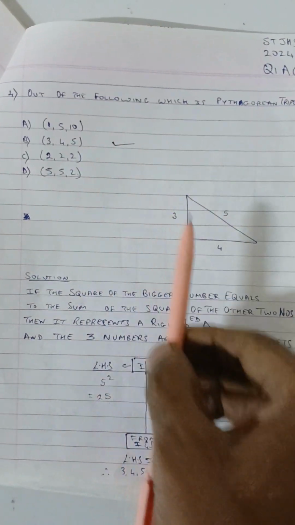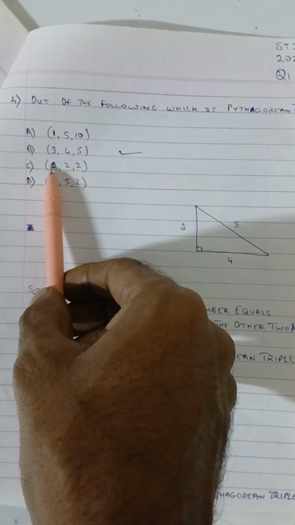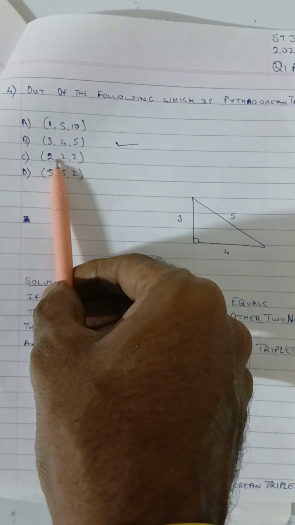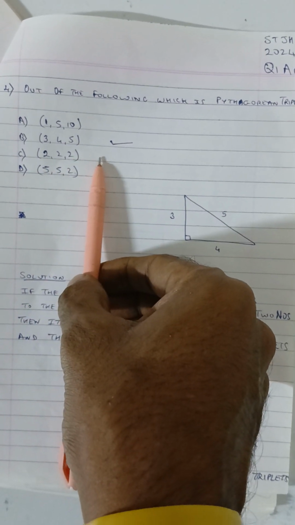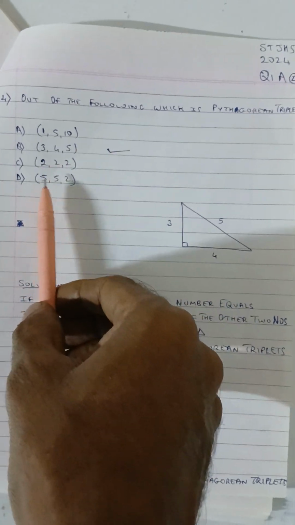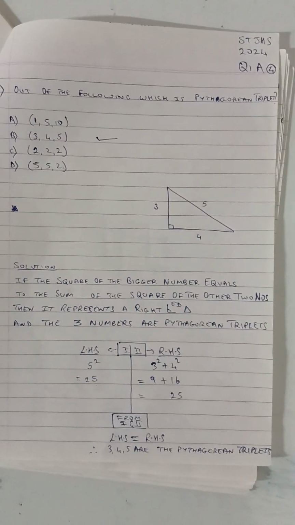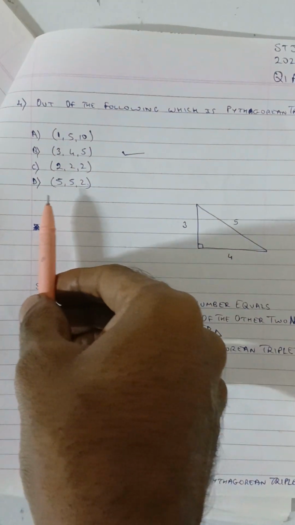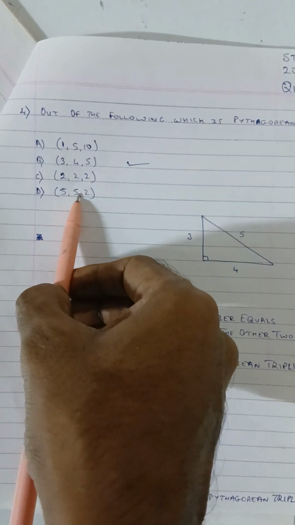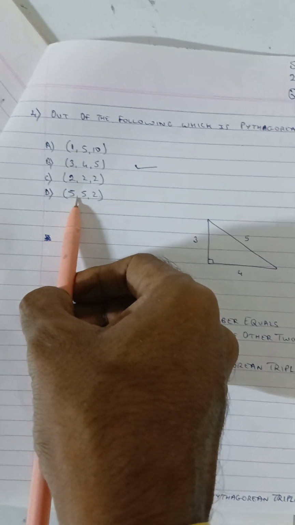That's the right answer. All the three sides are equal over here, that is 2, 2, 2, which is not possible. 5, 5, 2, we got to check. But the hypotenuse has to be the greatest side, and here two sides are greater, so this is also not possible.